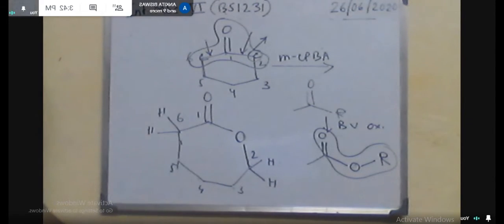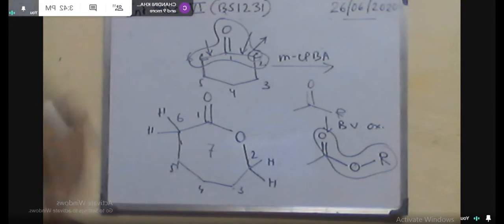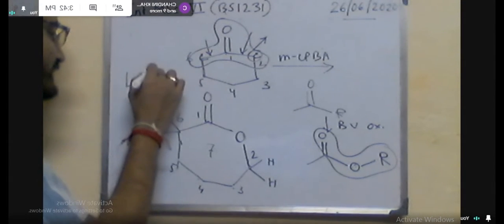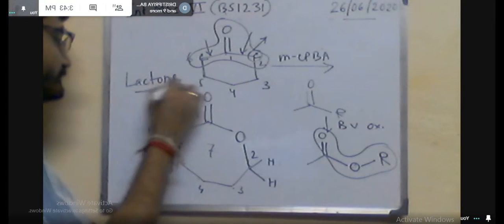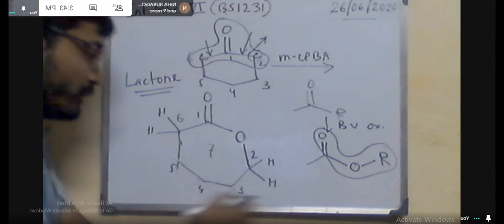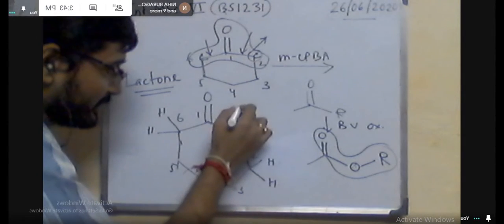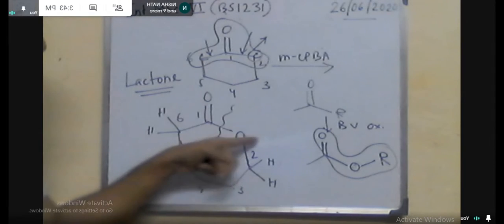Okay. So this is one important example of the Baeyer-Villiger oxidation of the cyclic ketone. Now, another, a variety of examples for the cyclic ketones is like this way.